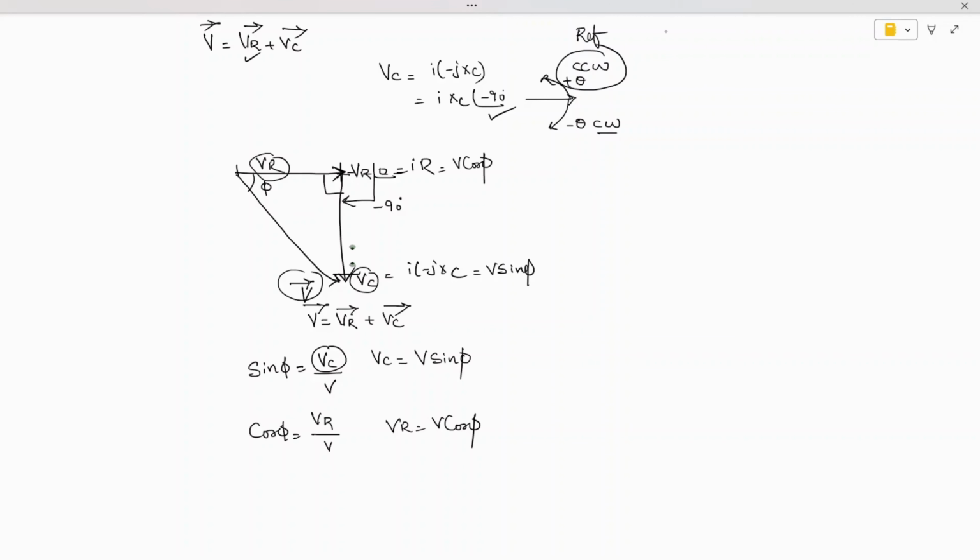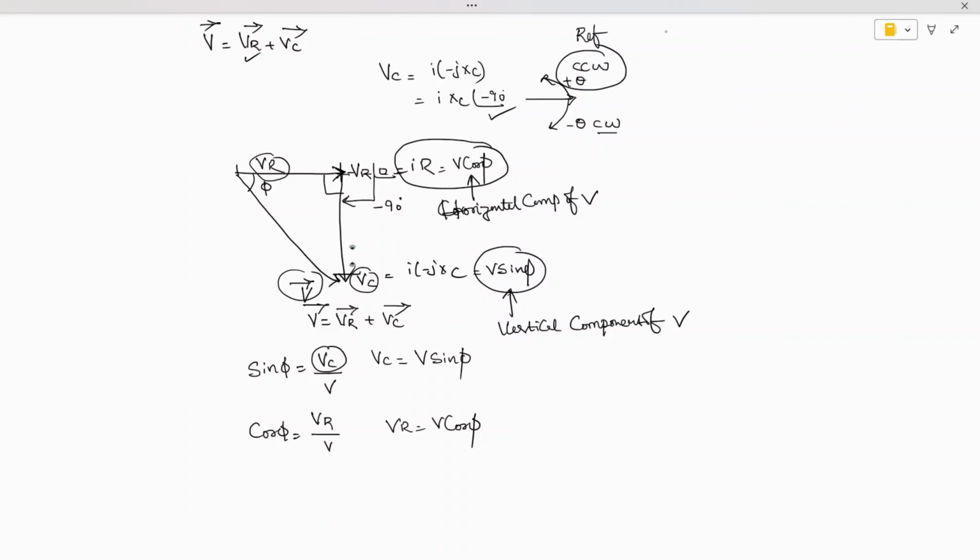So from these two diagrams I can call V cos phi the horizontal component of voltage. This is called, which is in 90 degrees, the vertical component of voltage. Now we got horizontal component as well as the vertical component.